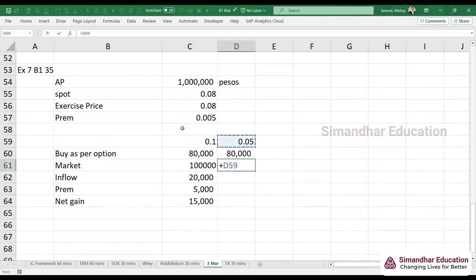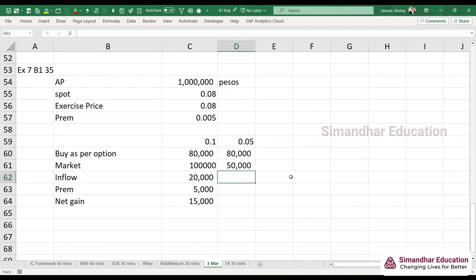From the market, at what rate will I get it? 50,000. So what do you think? Am I going to buy from the option? Because I have to pay 80,000 as per the option, right? But from the market itself, I am getting it at 50,000. So we are not going to buy from the option, right? We'll let it lapse. Okay, we'll not exercise it.